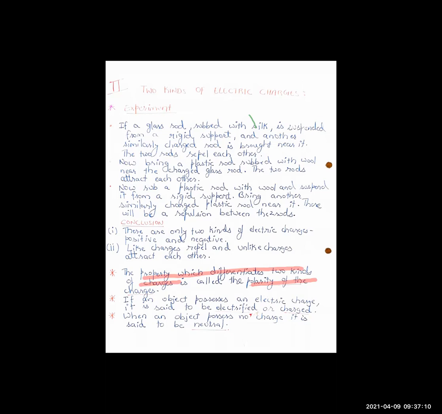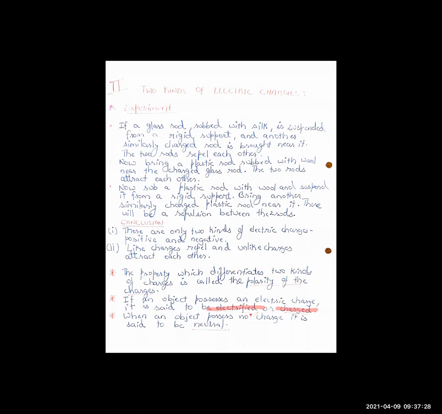Right, children? Now, children, when an object is charged, it means it possesses some electric charge. You can call the object charged or you can use another word, that is electrified.